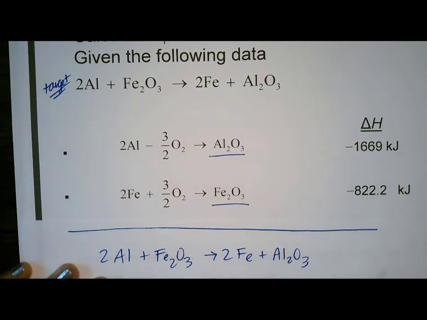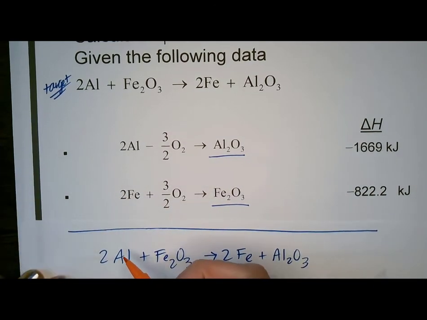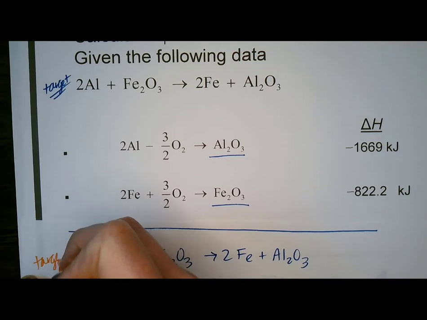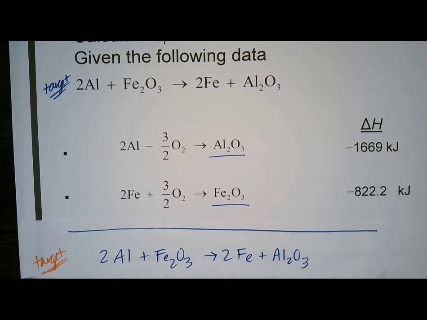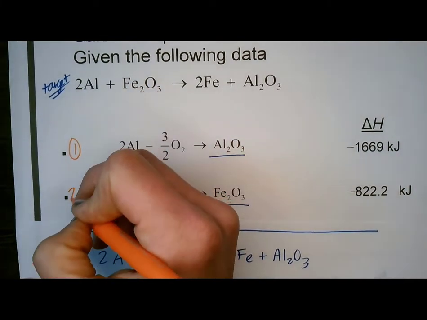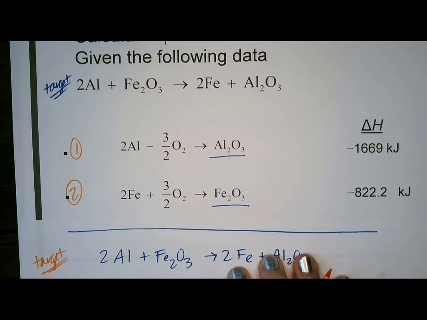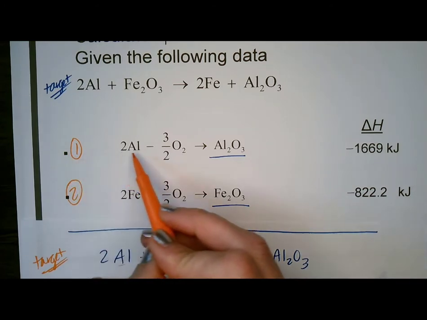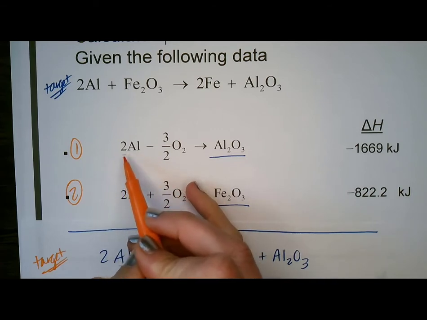All right. So I'm going to start, again, this is my target. And this is my elementary number 1 and number 2. We need to manipulate those to get what I want. So because it's number 1 listed first, I need 2 aluminums on the left. Let's look at number 1. Hey, 2 aluminums on the left. Great.